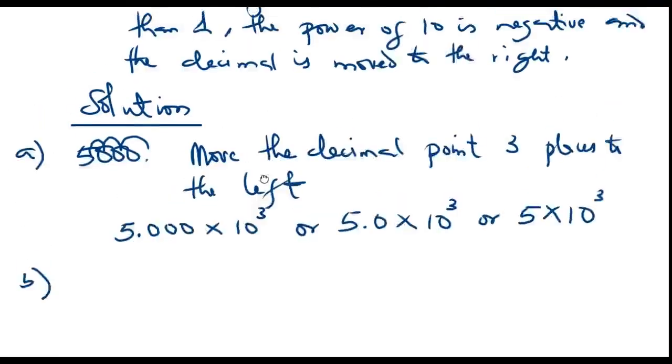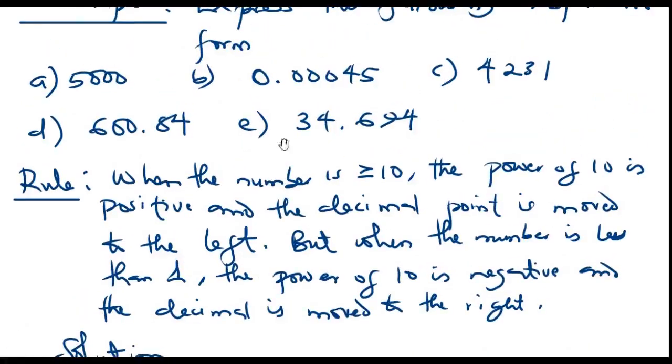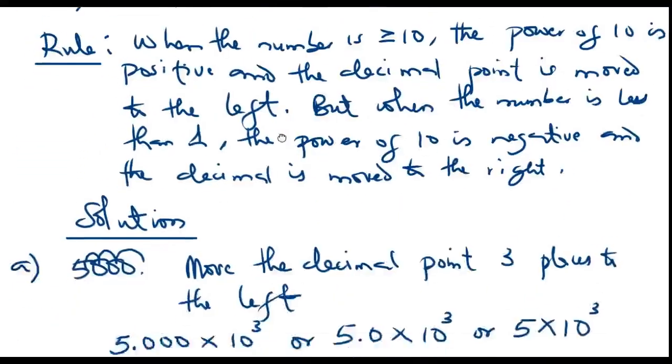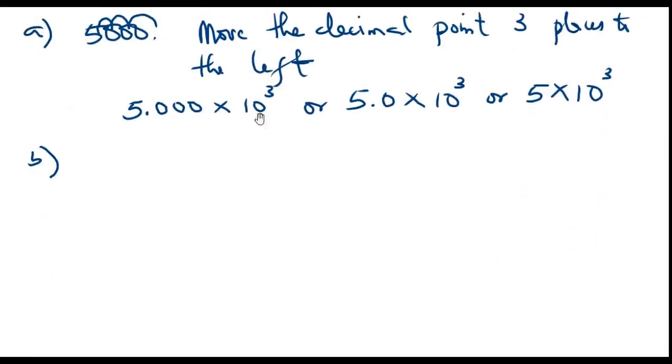Then B, we are to convert 0.00045. Now this number is less than 1. All right, and because it is less than 1, we are going to move the decimal point forward.